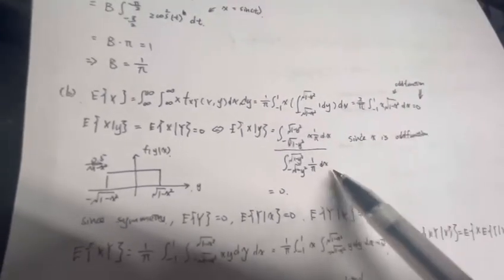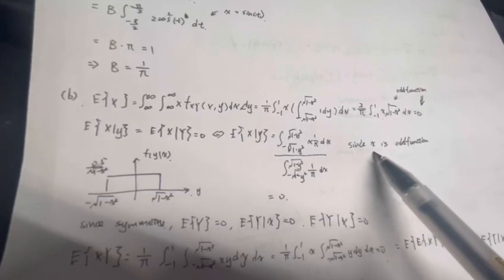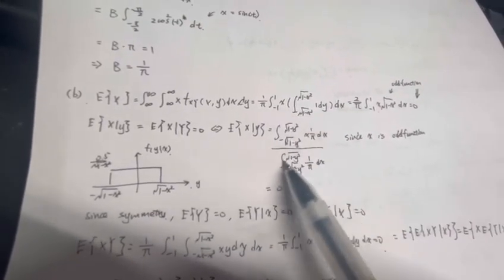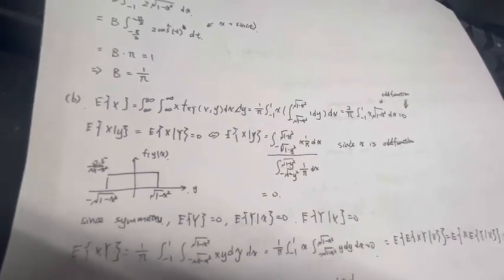Since x is an odd function, the numerator is 0, so the whole expression is 0.